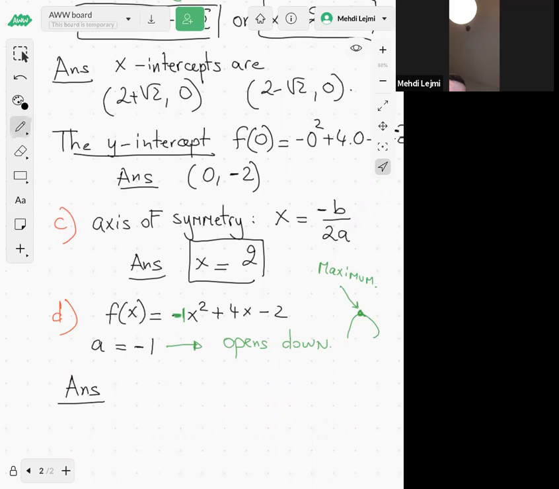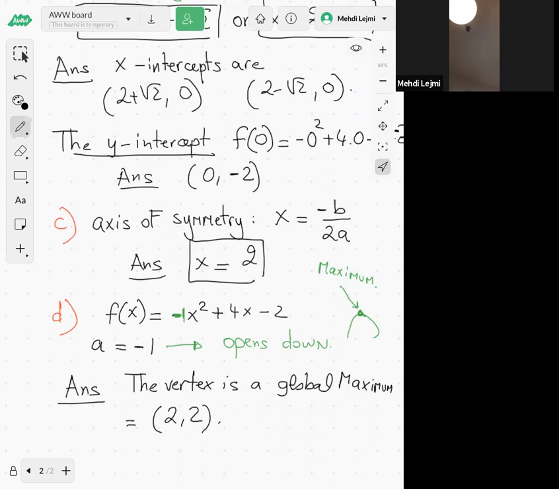The vertex is a global maximum, and again, the vertex was 2, 2, right? Those are the coordinates of your vertex. So for this quadratic function, the vertex is going to be either a maximum or a minimum, depending on whether the parabola opens up or down, right?